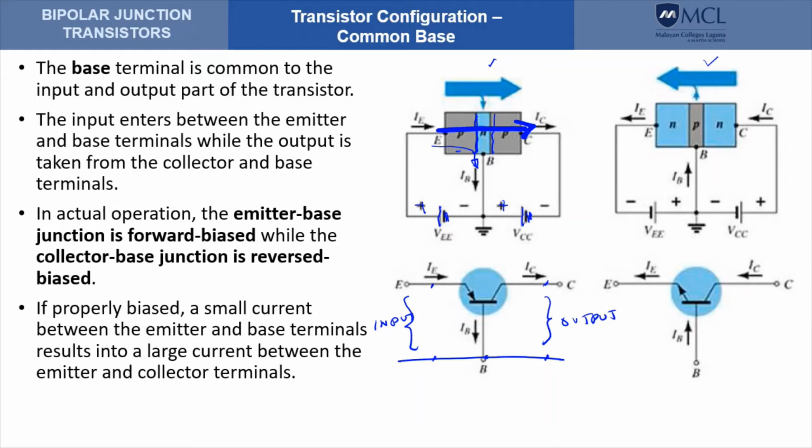We have the same scenario for the NPN transistor. So a small current from the base to the emitter terminal will result in a larger current from the collector going to the emitter. And this is illustrated by these arrows here on top.